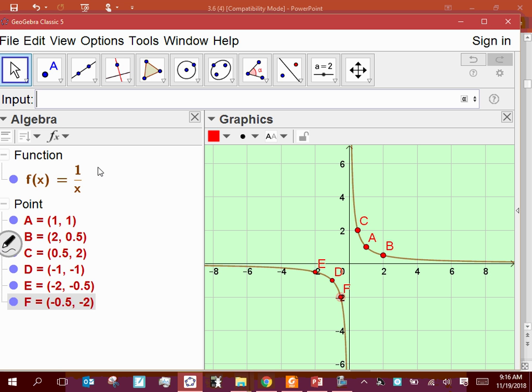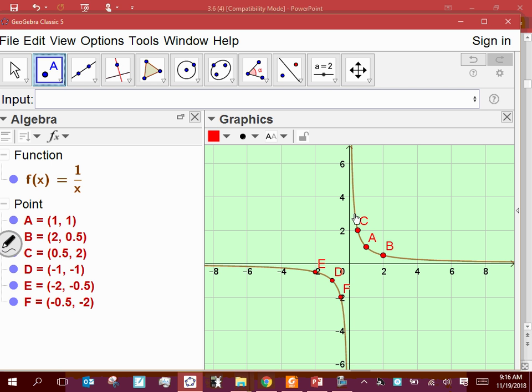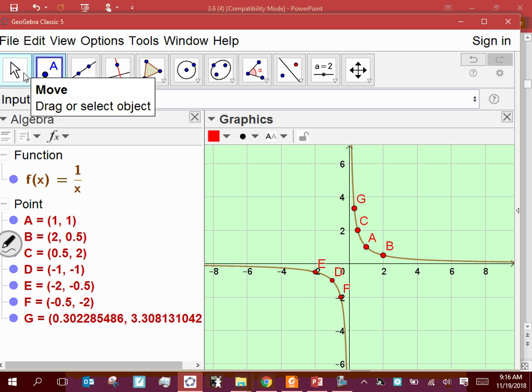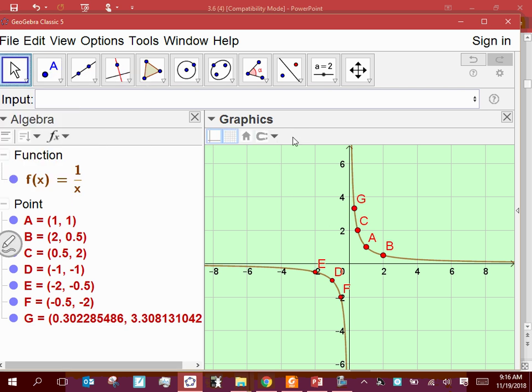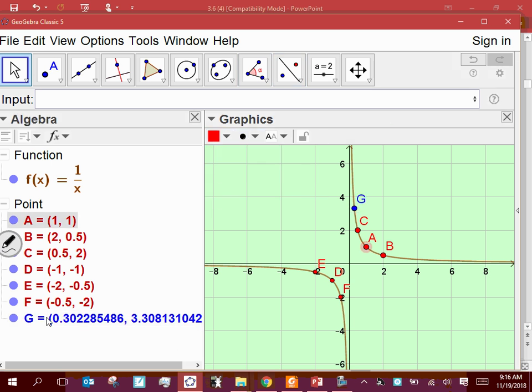All right. Now, when I graph 1 over x, there's a couple things that are important for us to understand. Okay, let's take this point G. Make it blue, and let me hide these things.